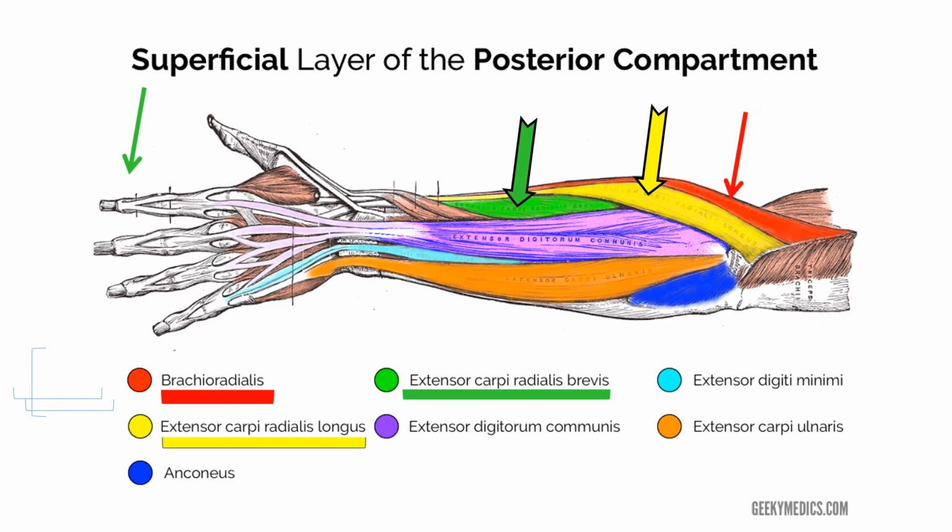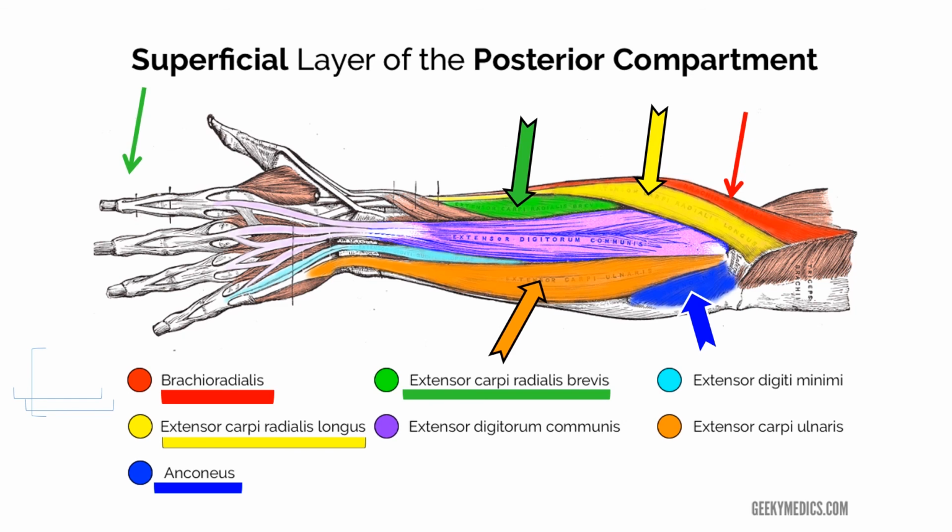Then we go to the medial side, the side of the little finger. This muscle is a short muscle, and this is the anconeus muscle. Then on the little finger side, there is this orange colored muscle.